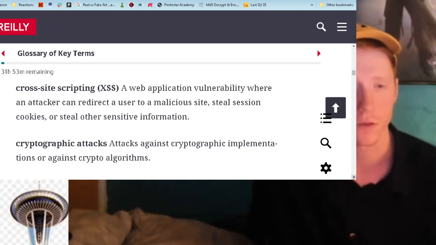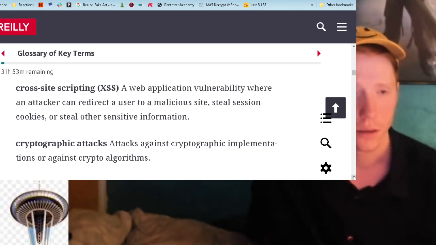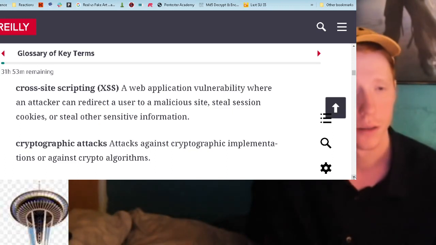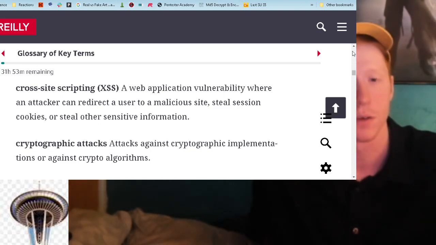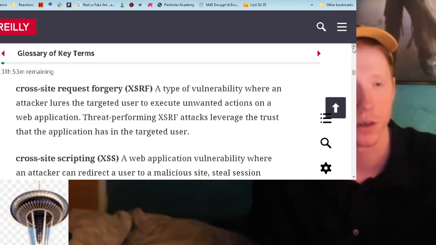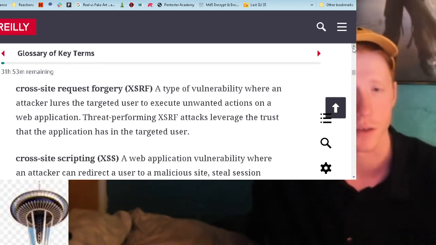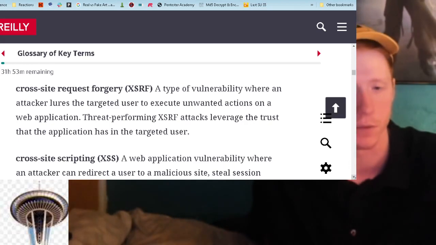But cross-site scripting is the other side. They make you think it's the right website, but it's actually an evil website. Whereas cross-site request forgery is where they think it's a nice user, but it's actually secretly an evil user.